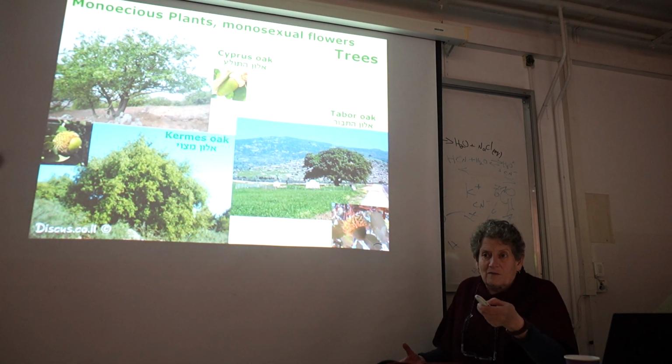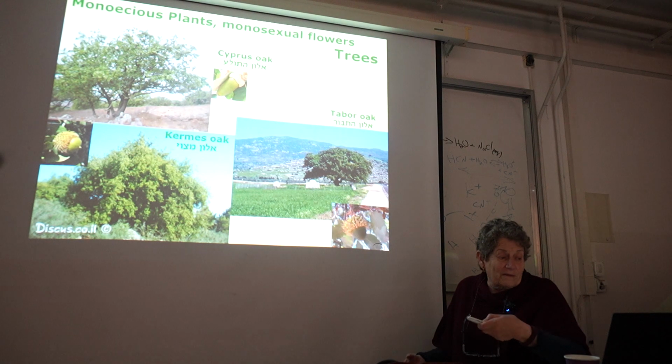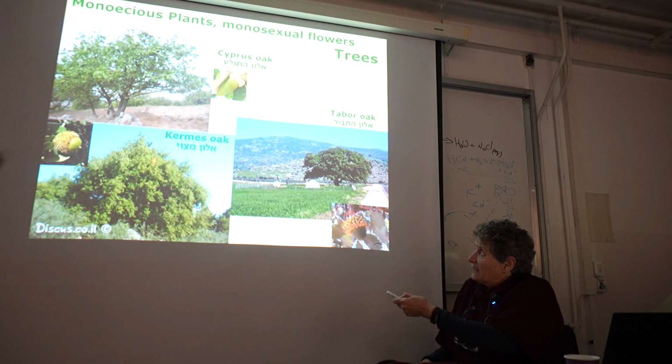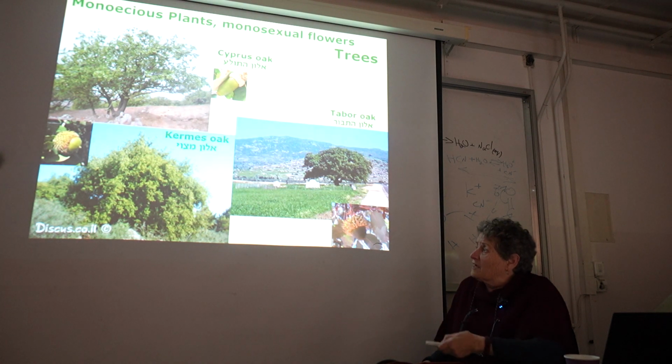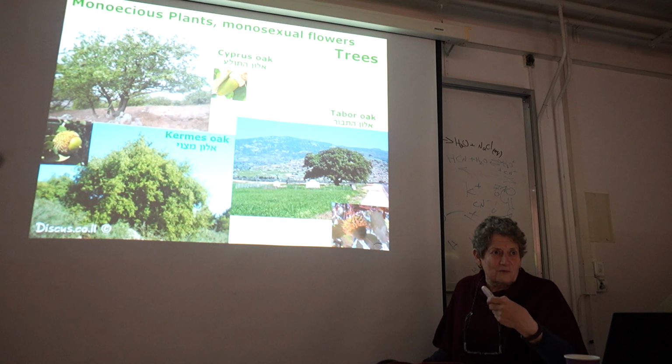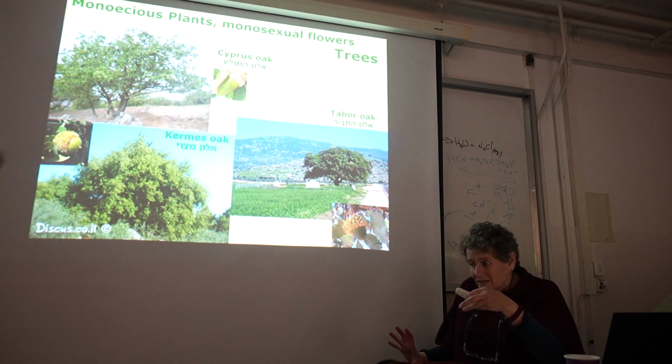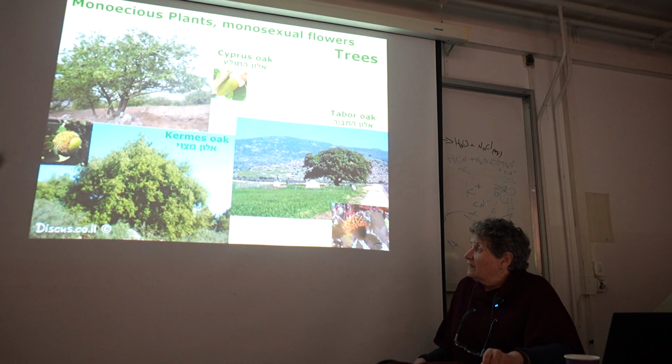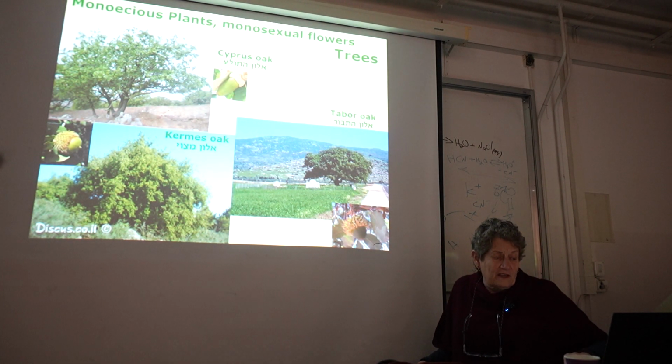When you get to know them, obviously you can also tell them apart by the way they look. In Hebrew, this is called the common oak, and that's why its name has also been changed in English to the Palestinian oak, because it's the most common oak in the center of the country.